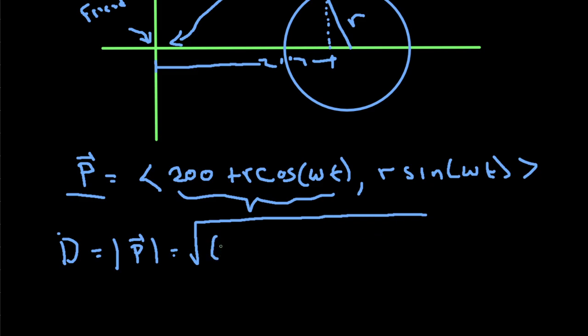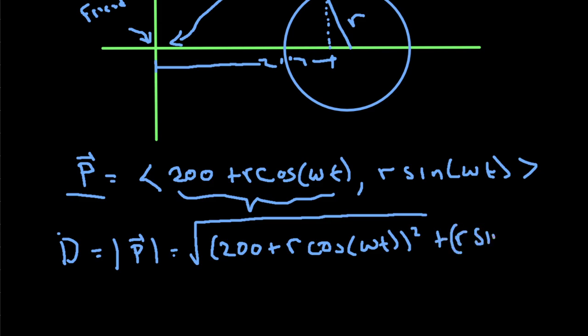So we're going to get 200 plus r cosine omega t, squared, plus r sine omega t, squared. I didn't quite define what omega is.